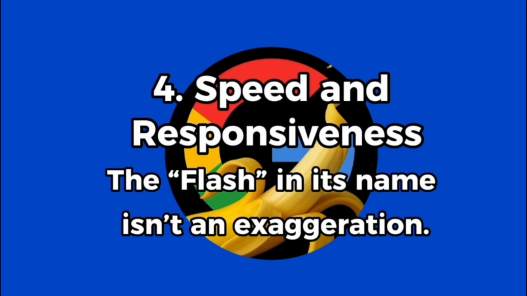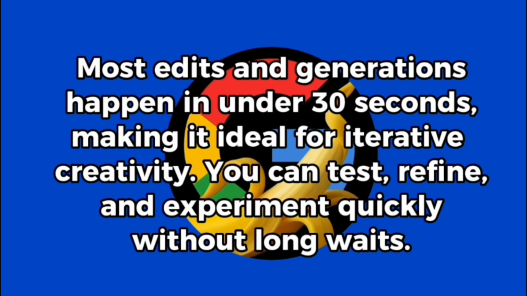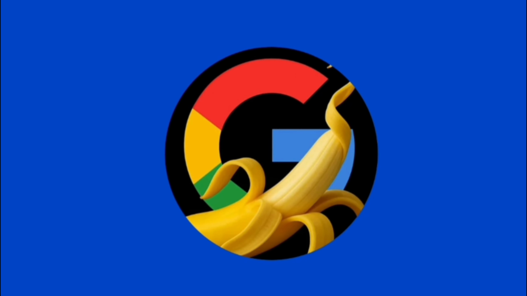Speed and responsiveness. The "flash" in its name isn't an exaggeration. Most edits and generations happen in under 30 seconds, making it ideal for iterative creativity. You can test, refine, and experiment quickly without long waits.